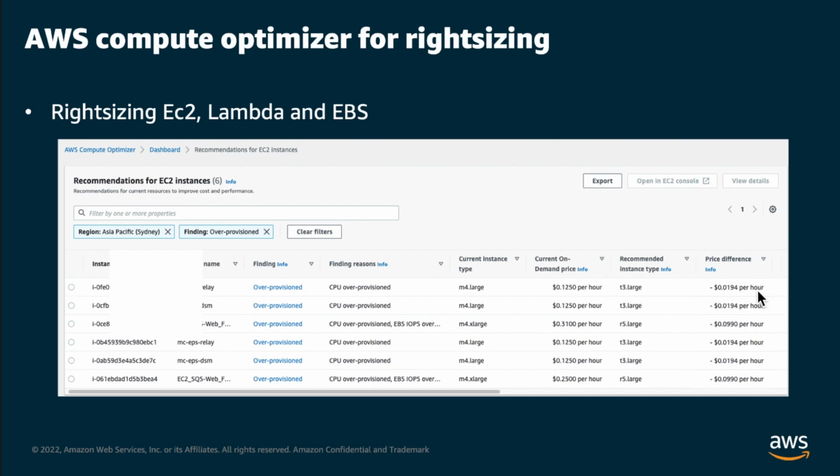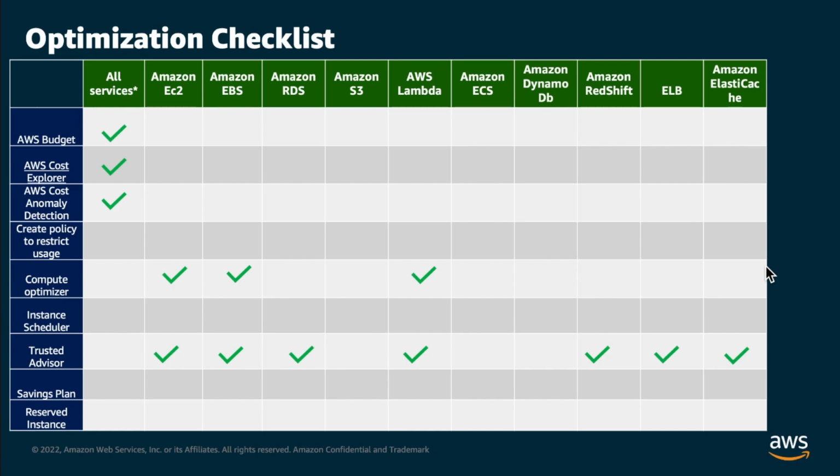So you can just sort by price difference and check the ones that have the biggest saving opportunities and start from those. Surely just changing instance types without testing is not recommended, so you should start on non-prod, do proper testing, then go to prod, using the proper maintenance windows to do so. So that's Compute Optimizer, which works for EC2, EBS, and also Lambda.